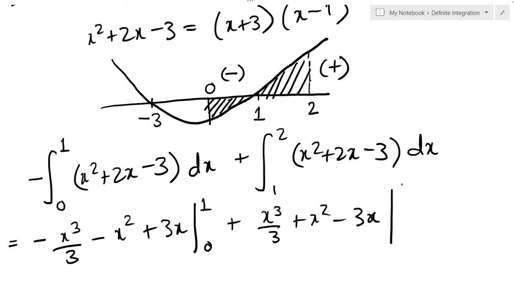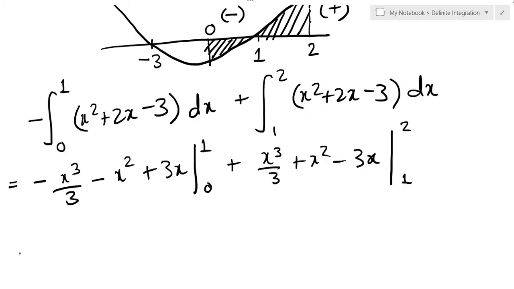Now our bounds are from 1 to 2. Now you can just plug in 1 once, minus 1 by 3 minus 1 plus 3. Plugging in 0 is basically making all the terms 0, so I won't bother writing that down. And then I'm going to plug 2 in the entire expression.